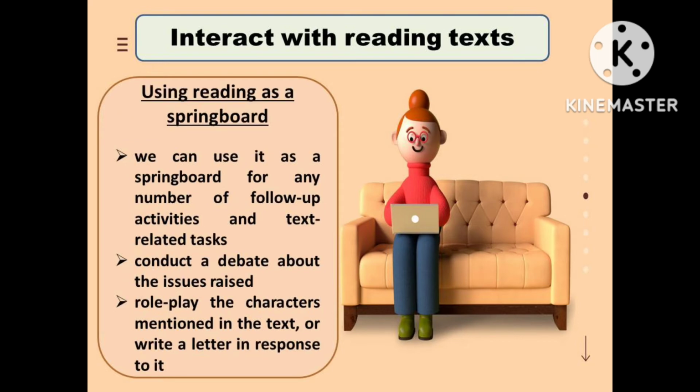Another way to interact with reading text is using reading as a springboard. When our students have read a text, we can use it as a springboard for any number of follow-up activities and text-related tasks. Perhaps they can conduct a debate about the issues raised. They might want to role-play the characters mentioned in the text or write a letter in response to it.